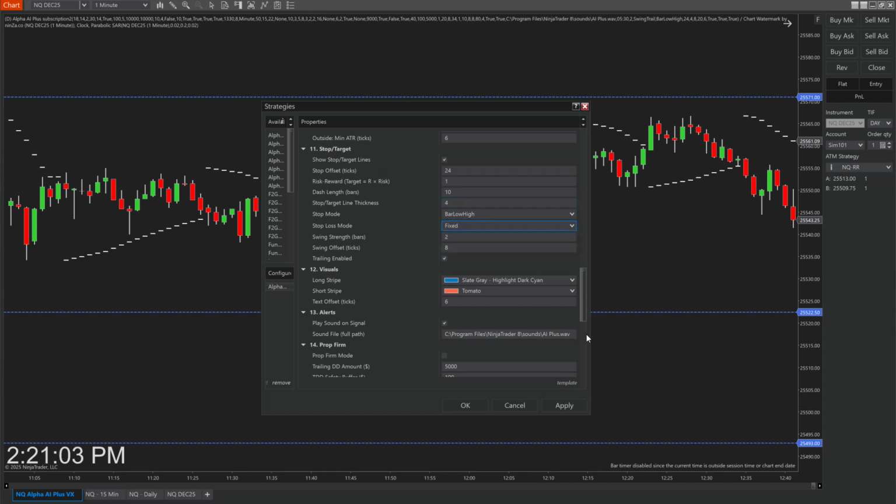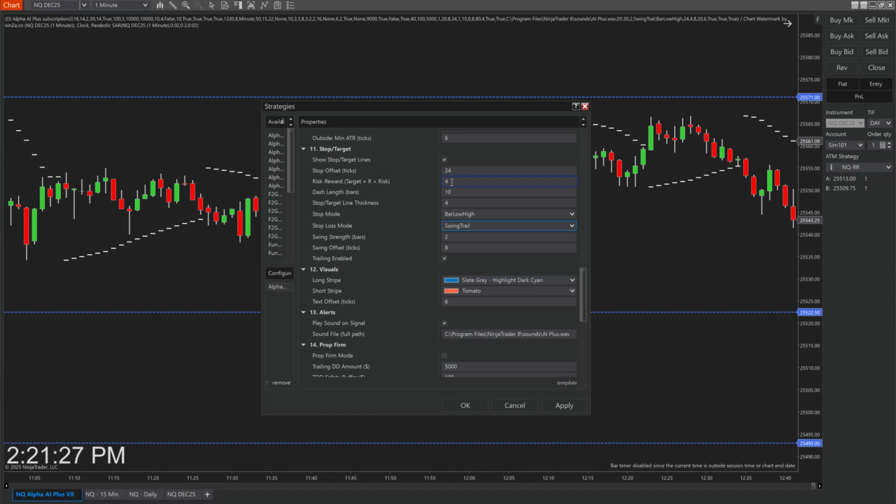If you choose fixed, it will be fixed. It will be a stop loss line, a target line, the risk reward, and that's it. Keep in mind also, the profit target will be there anyhow. So if you have a risk reward 4-to-1, and you choose to trade a stop behind each bar, let's say, if the market goes to your target, it will hit your target, and it will close the trade.